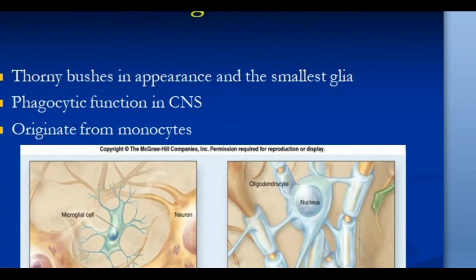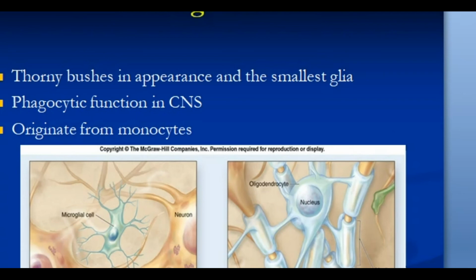And the microglia is a small elongated cell with short irregular processes. Microglia are phagocytic cells that represent the mononuclear phagocytic system in nervous tissue. They are derived from precursor cells in the bone marrow.